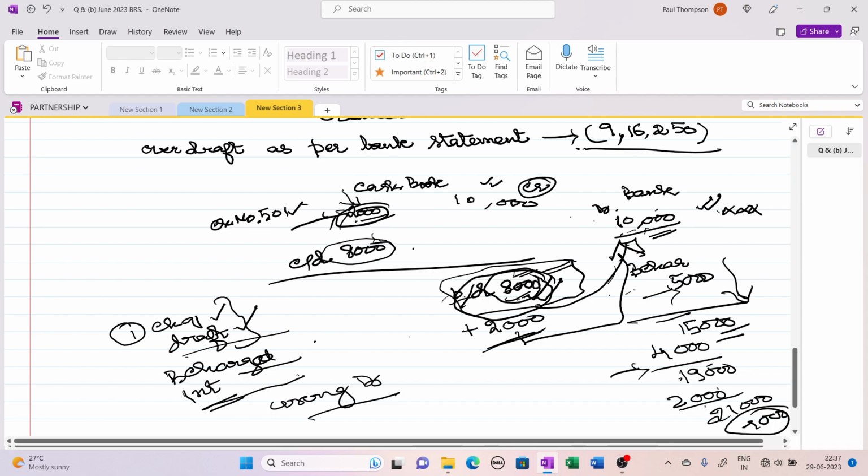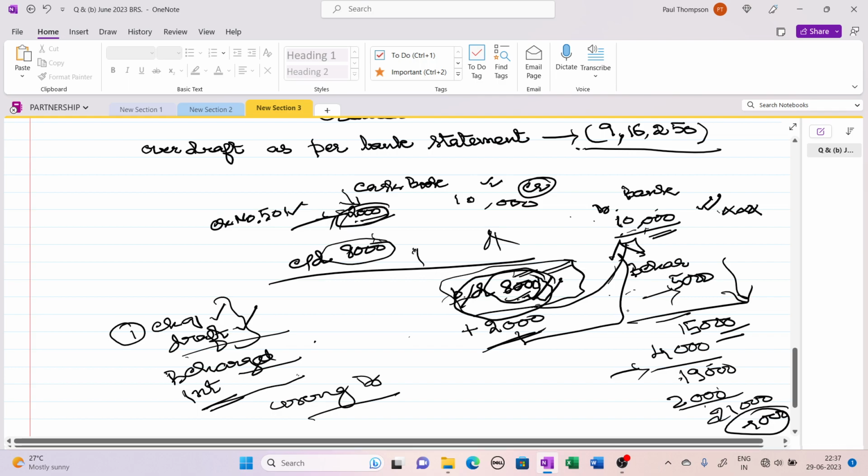So in my cash book, the overdraft will appear at an increased amount, but in the bank it will appear at a decreased amount. So you should make a thorough understanding. Any amount directly received by the bank, any amount even by mistake credited by the bank, any bill directly collected by the bank will all decrease my overdraft.